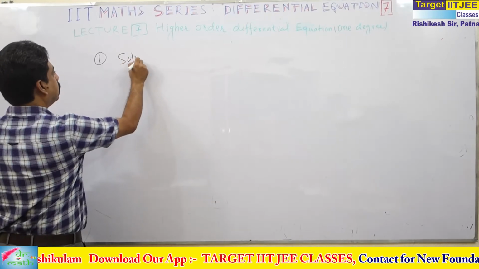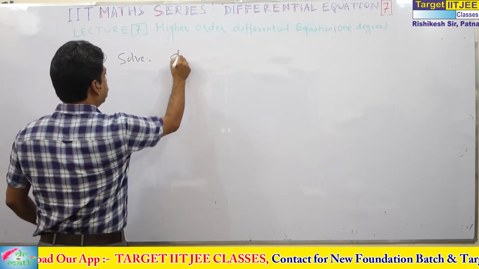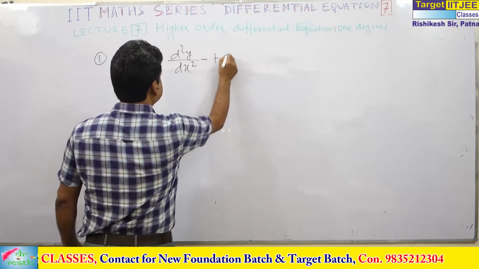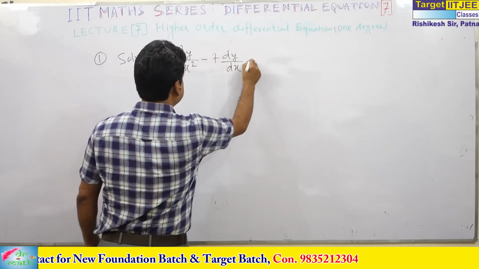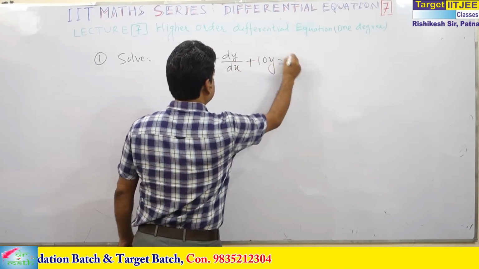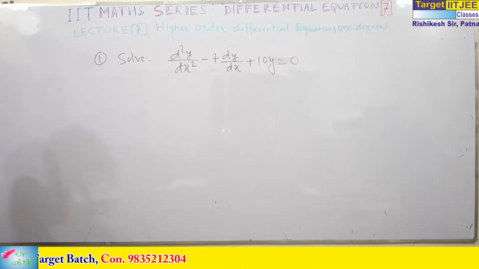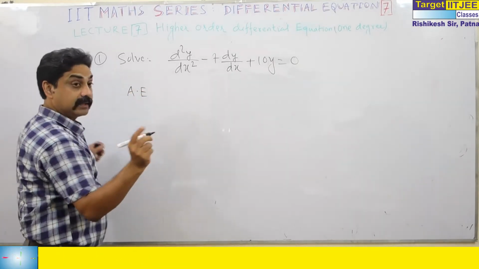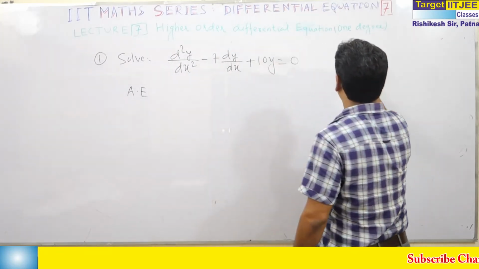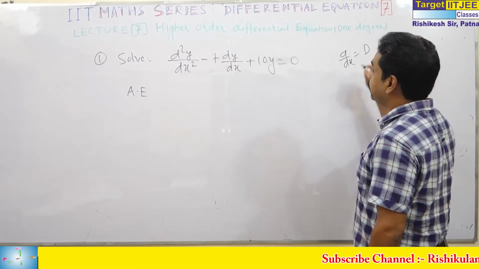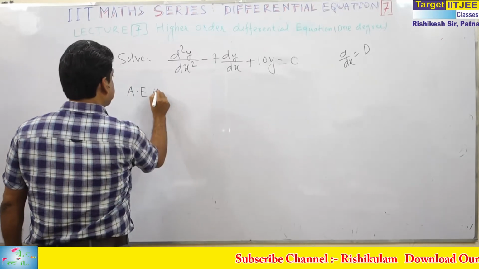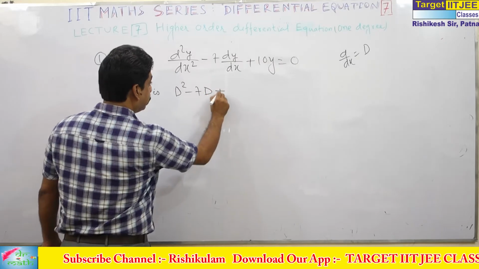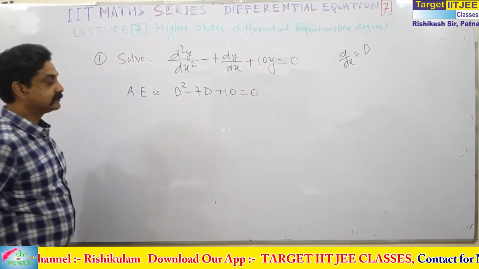Suppose you have to solve d2y by dx square minus 7 dy by dx plus 10y is equal to 0. What will we have to do? First of all, the auxiliary equation. For the auxiliary equation, we write d, meaning d square minus 7d plus 10 is equal to 0.